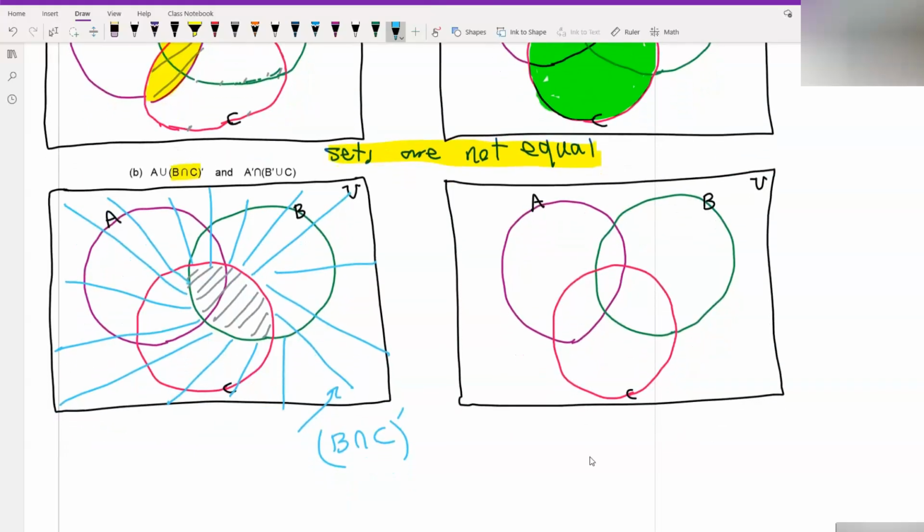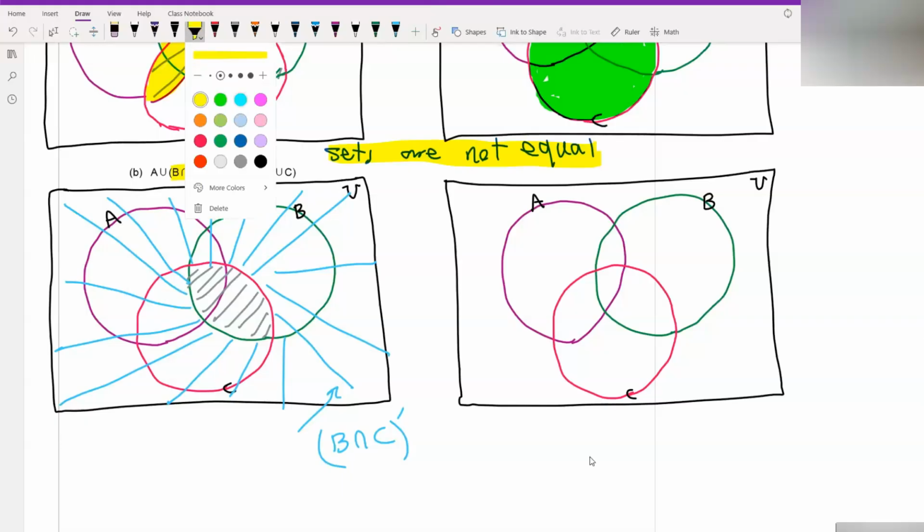And now combine this blue part with what we have in A. So A is the purple color circle.